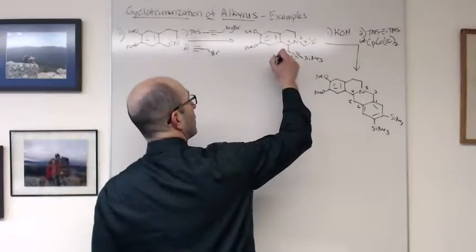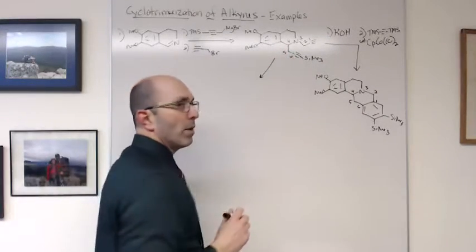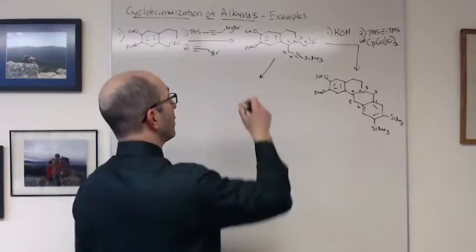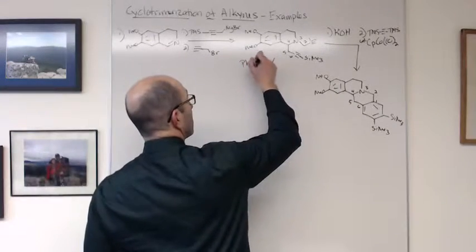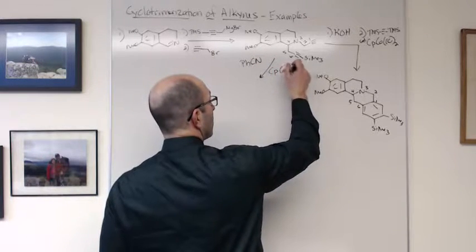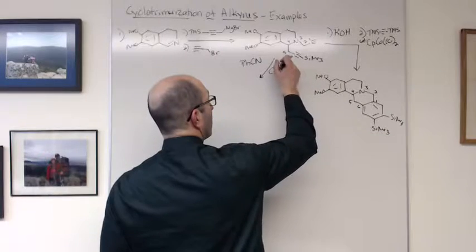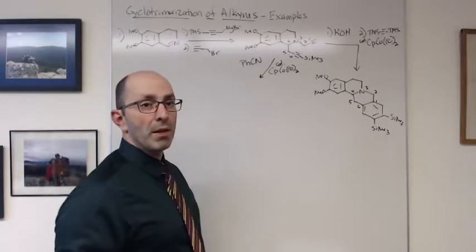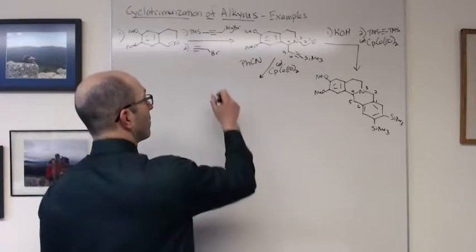We also can react this with a nitrile so that we can make a pyridine ring, not just a benzene ring. So if we react this with phenylnitrile, again, with the same cobalt catalyst, we can do the same chemistry that we just did, but now we'll end up making a pyridine ring.